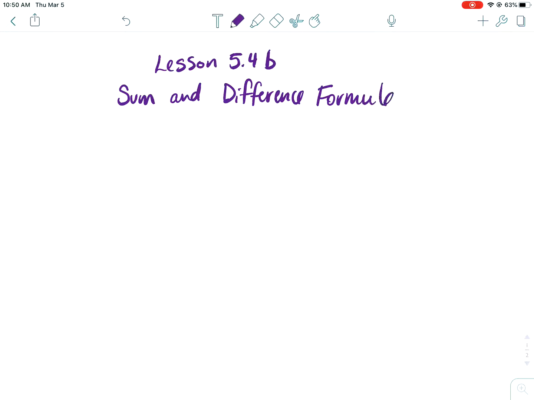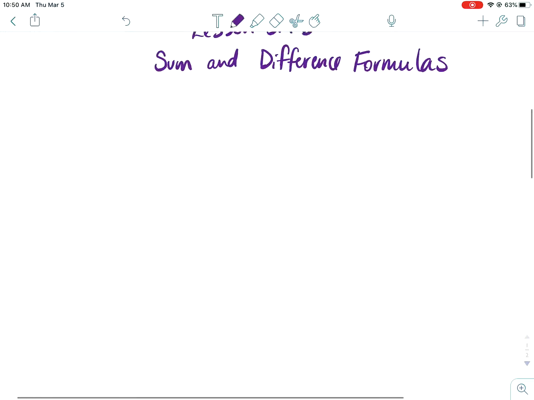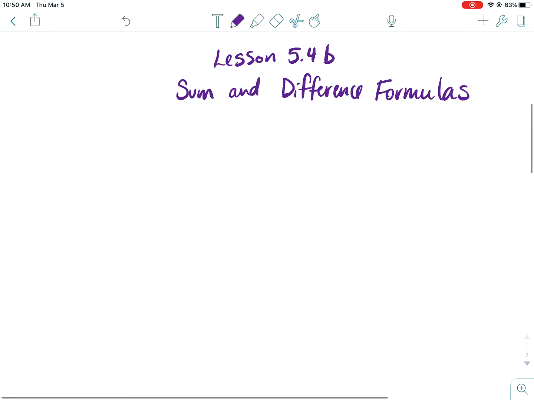All right, so this is lesson 5.4b. We're still talking about the sum and difference formulas. All right, and then for our first example, it's going to be a really long example.